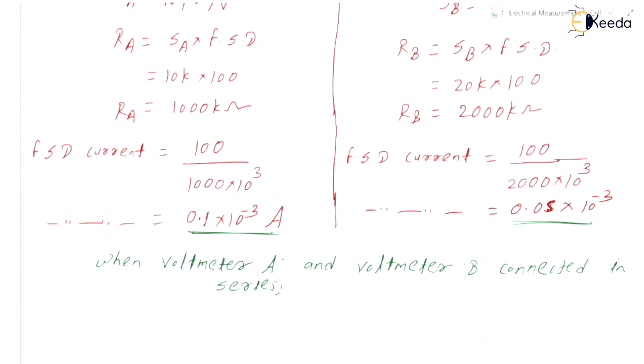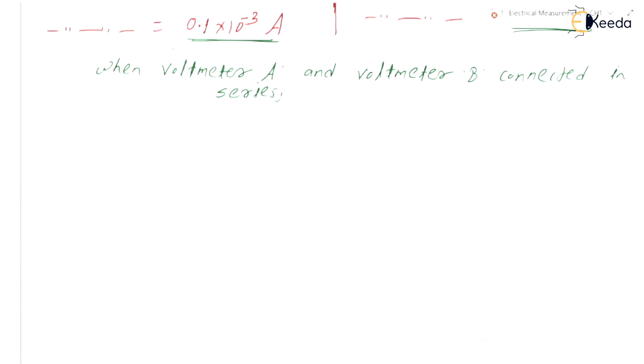now can we draw the circuit? Yes, we are having a voltmeter A, suppose this is VA, and next voltmeter B, that is VB. These two are connected in series. Our task is to find the maximum voltage, that is the V we need to find, that can be measured.